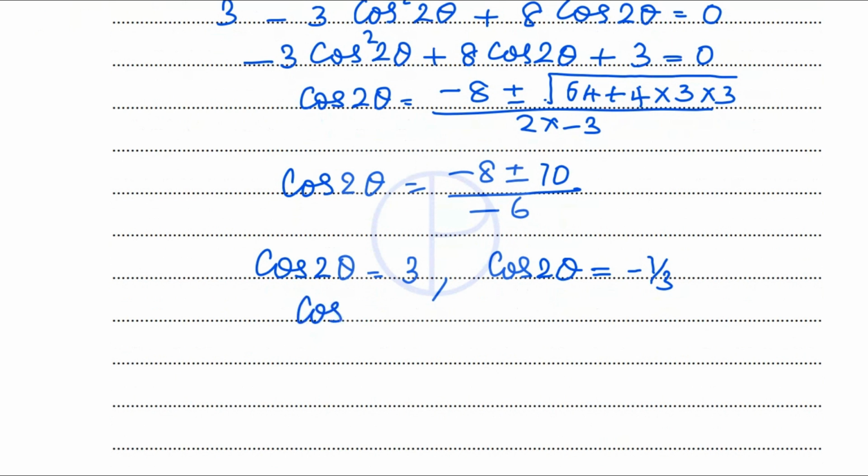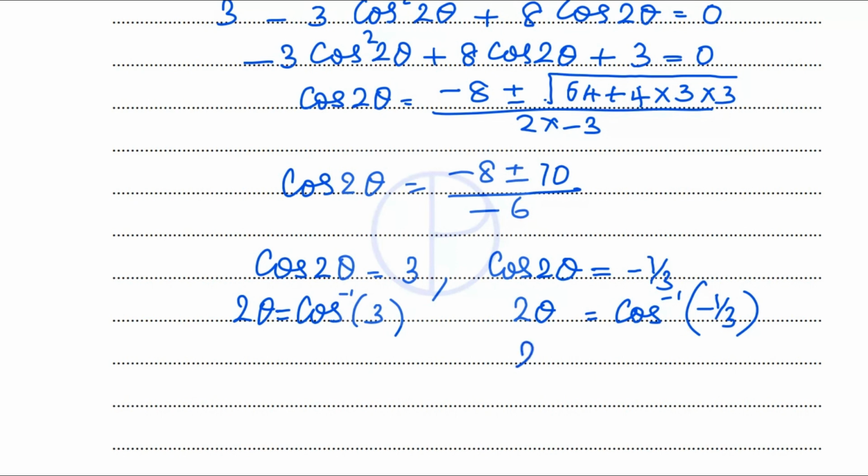So cos 2 theta equal to 3, or here 2 theta equal to cos inverse of negative 1 over 3. And cos inverse of 3 will not give a valid solution, so ignore this one.